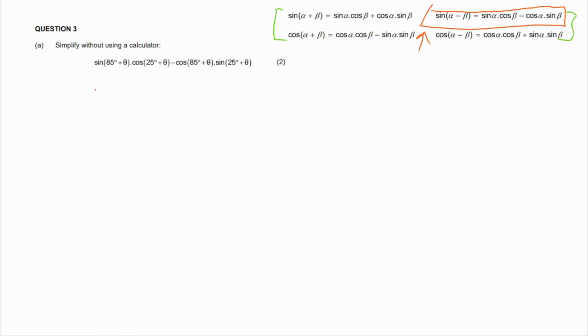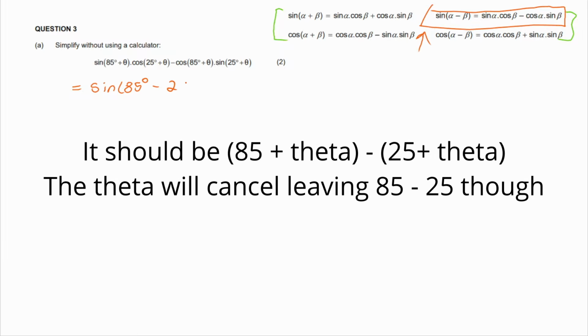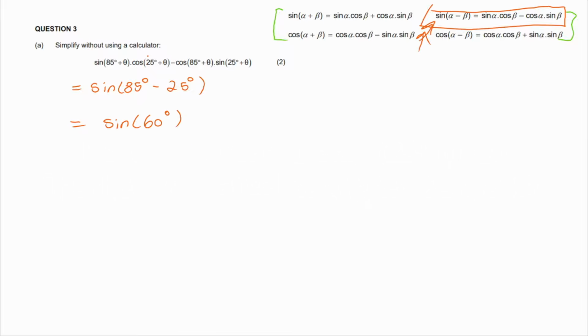Essentially, this expression is equal to sine of 85 degrees minus 25, because it matched this one over here. And then that's just sine of 60 degrees. I'll just say without using a calculator, but you really don't have to memorize the special angles.